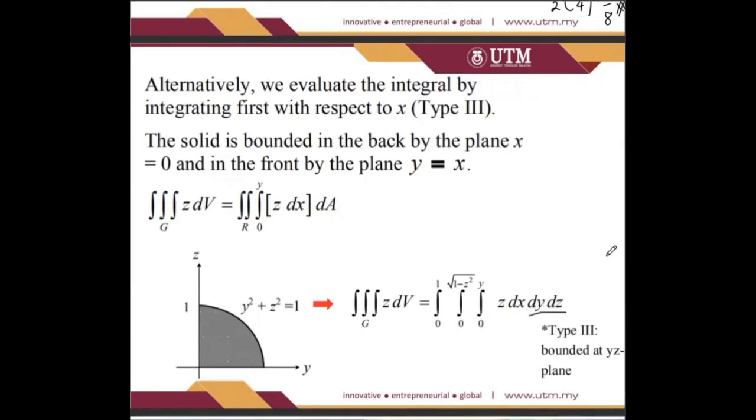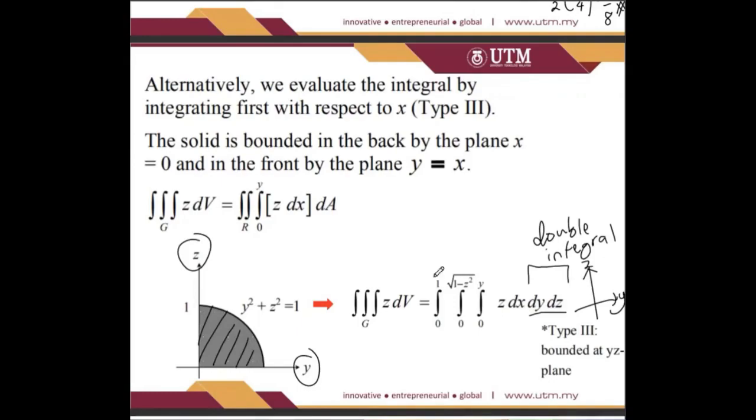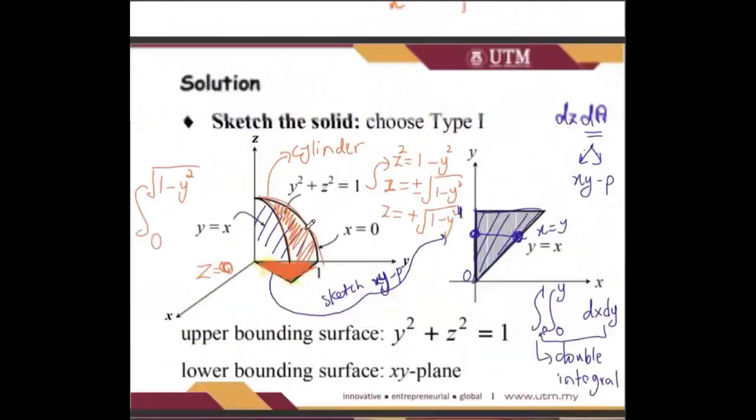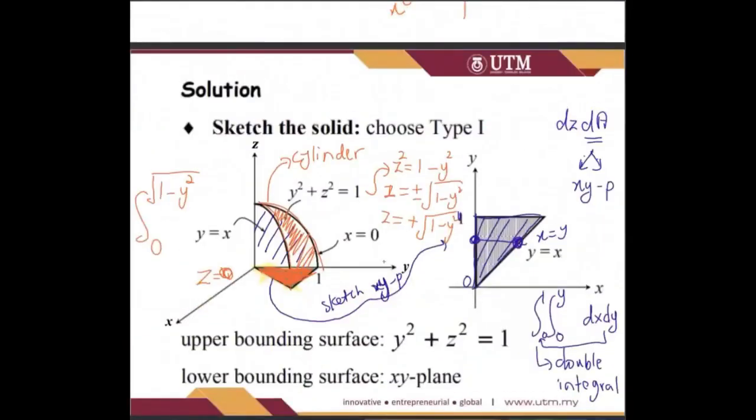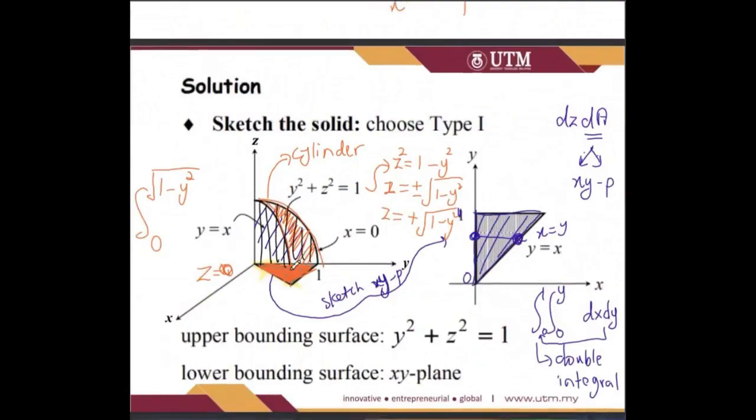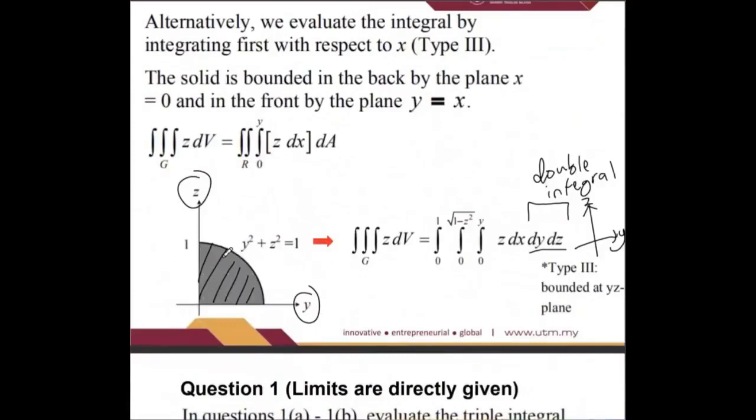So you see, what you should do is, this one is a double integral in yz. So you have to sketch z and y. You see, z and y. So you get this. Okay, we go back to our 3D. You see z and y, you get this. Alright, quarter circle.